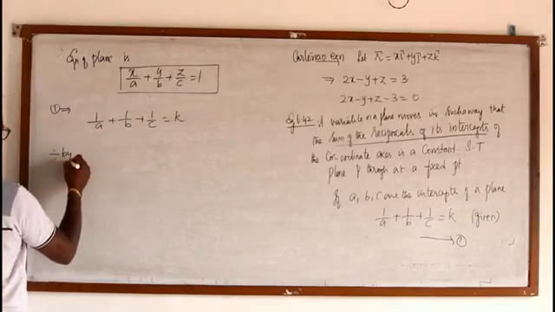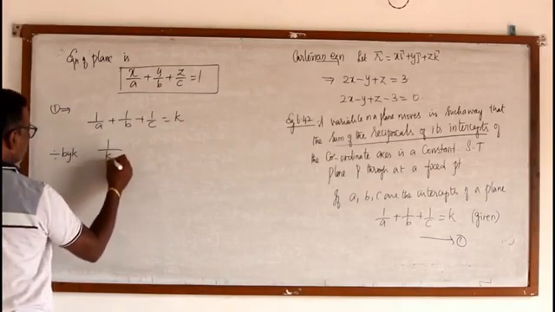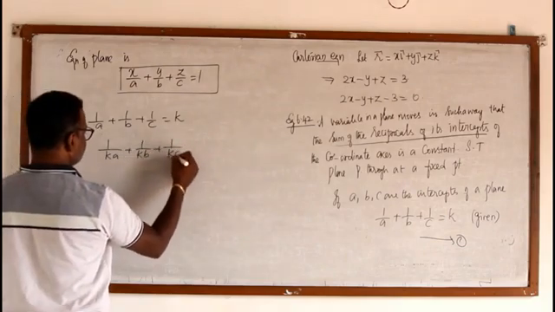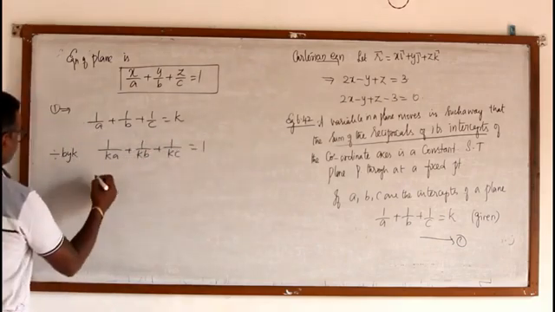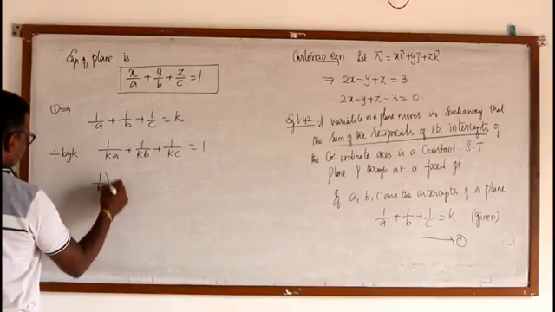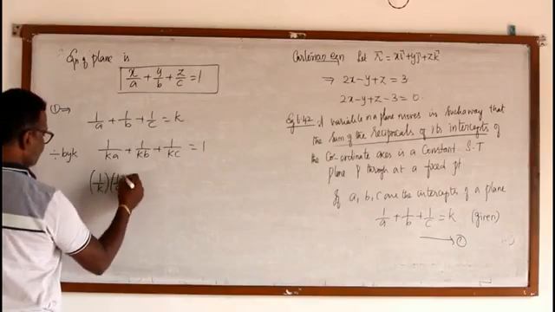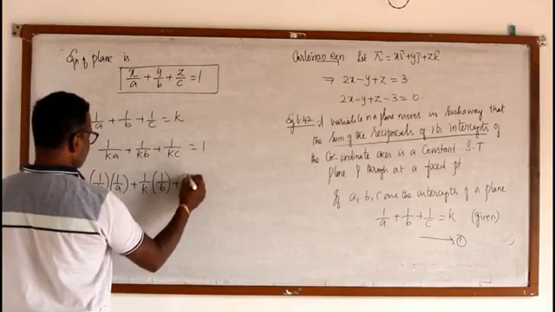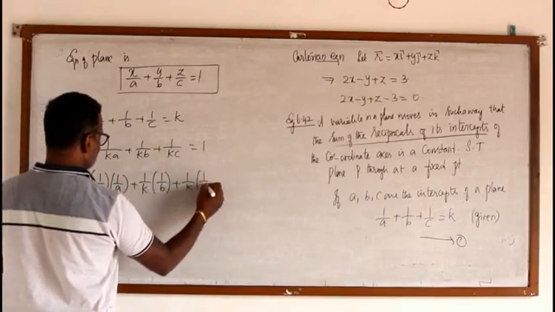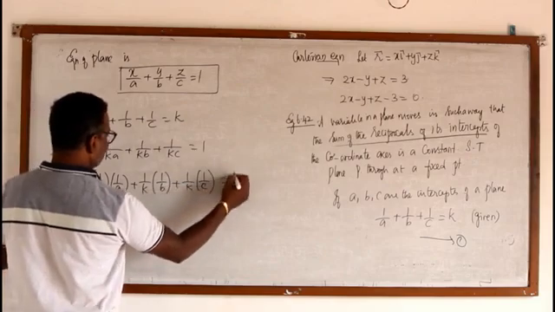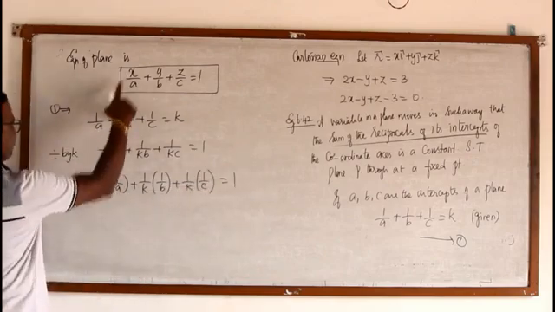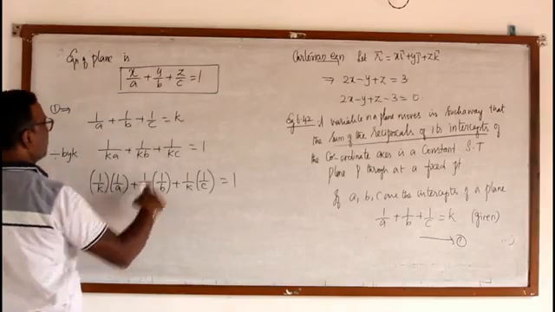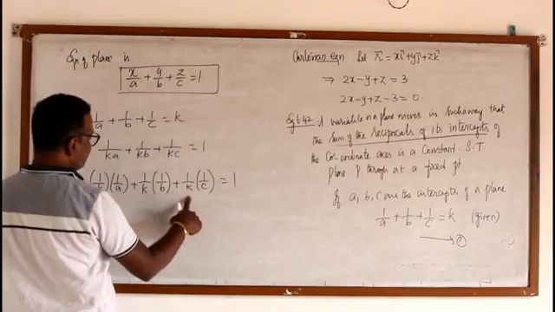When I divide by k, this will become 1 by ka, 1 by kb, 1 by kc equal to 1, isn't it? That is 1 by k into 1 by a plus 1 by k into 1 by b plus 1 by k into 1 by c equal to 1. That means in the place of x I am having 1 by k, in the place of y I am having 1 by k, and in the place of z I am having 1 by k.